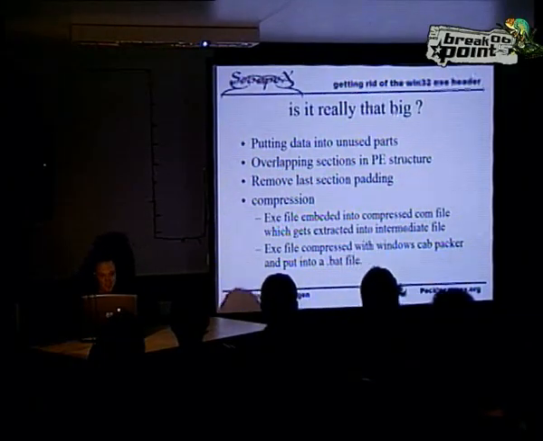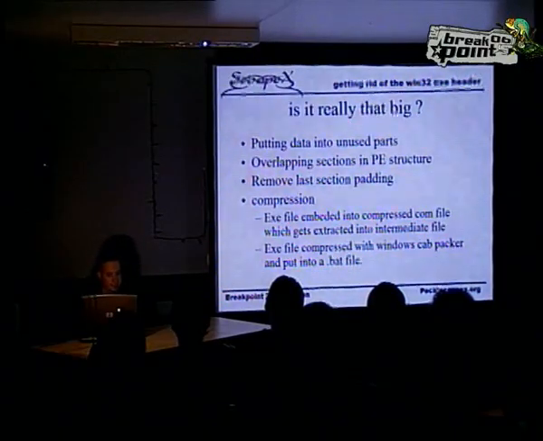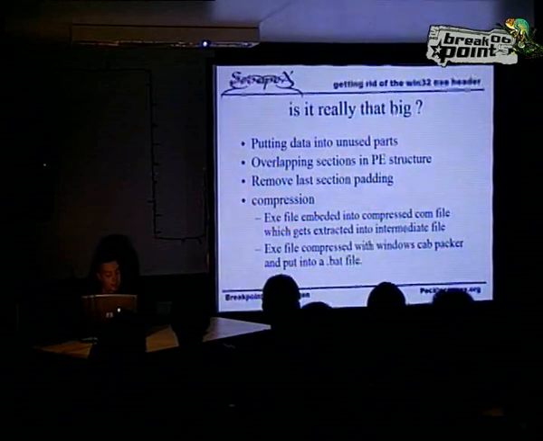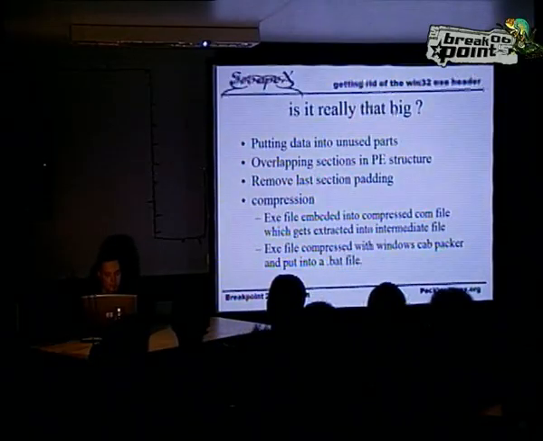Well, first of all, is the exe header really that big? There are several common workarounds, like putting data into unused parts so that you don't waste that much space. Another used technique is to make the sections in the exe header overlapping.